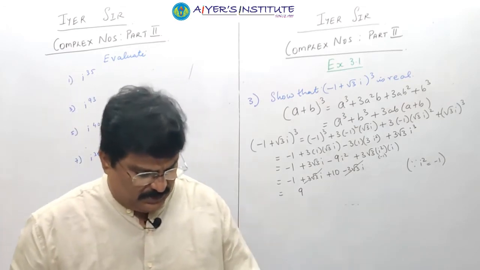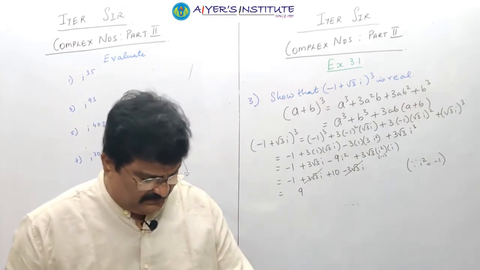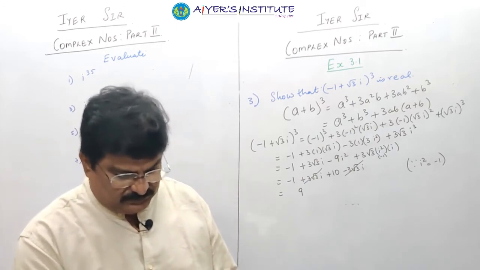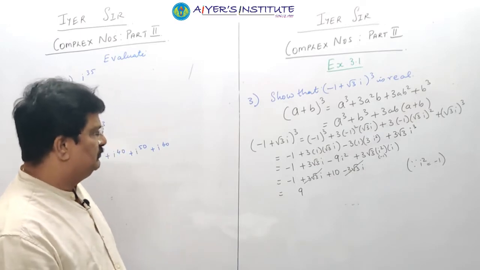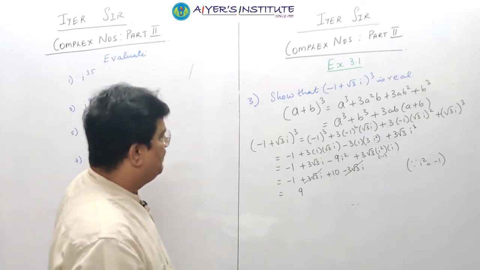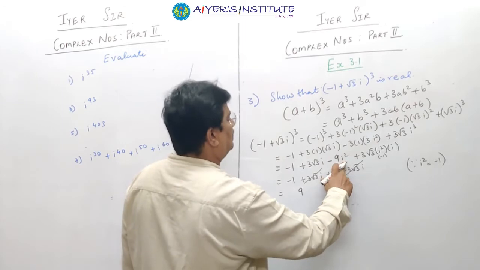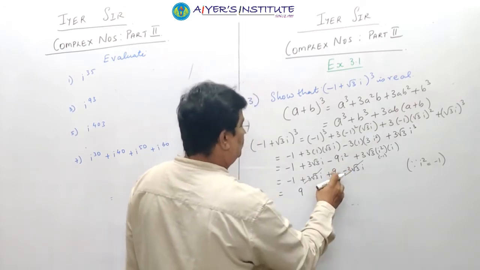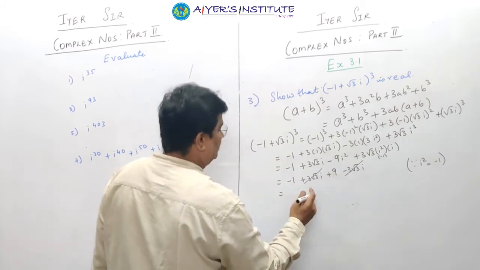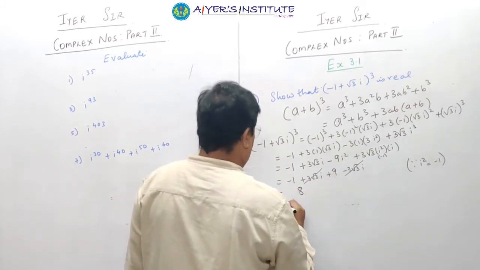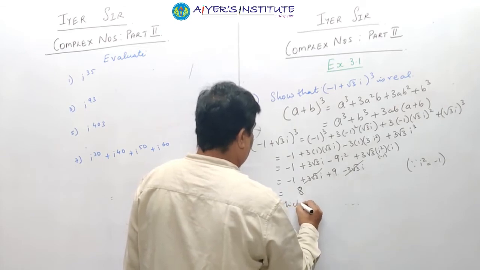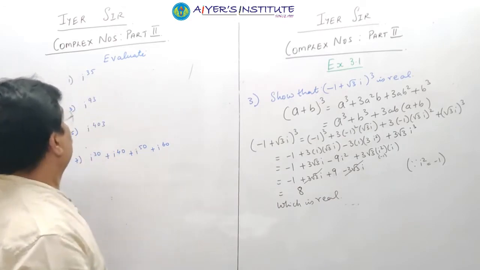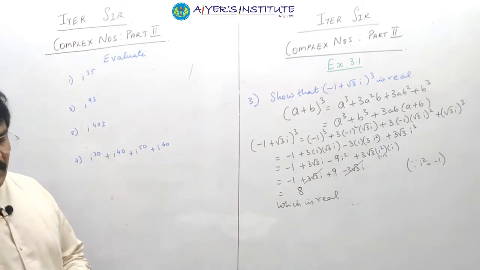So when you solve it, we get it as 9. Again I made a mistake. This minus, what to do with it? This will become plus 9. So 9 minus 1 will be 8. Sorry, which is a real number. Look, don't make such a mistake, which we've already done just a while ago, all this type.